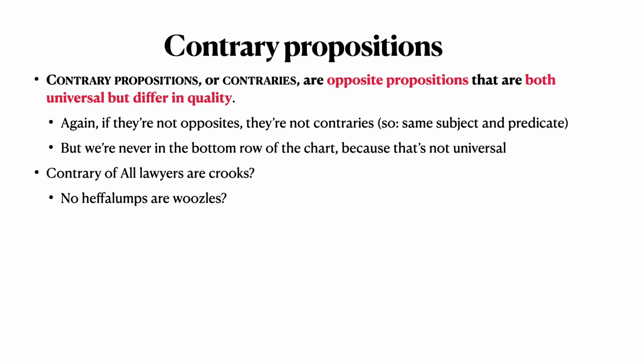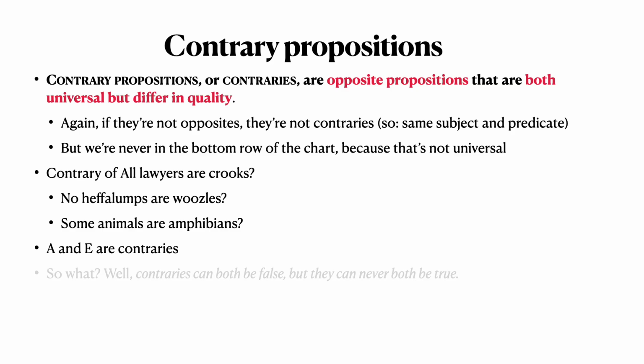That gives us an A: "All heffalumps are woozles." What about "Some animals are amphibians"? Change the... wait a minute, that's a trick question. There is no contrary for "Some animals are amphibians," because that's in the particular row. I and O propositions have no contrary. So A and E are contraries.